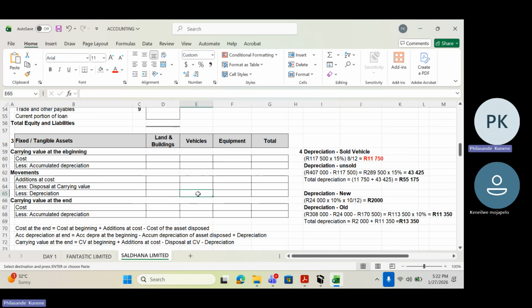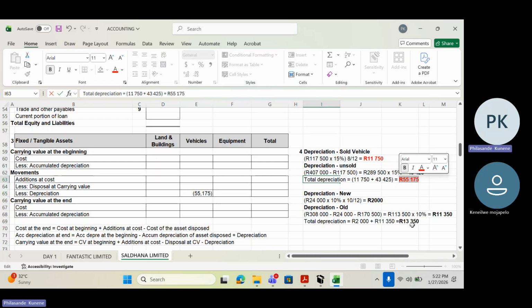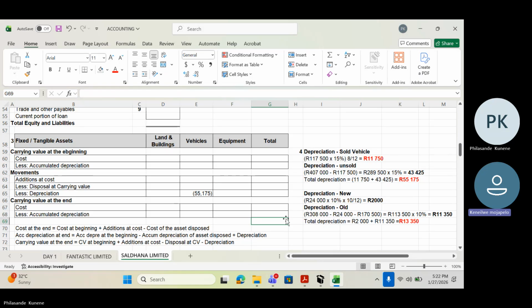Yes, I have a depreciation for vehicles. How much is it? It's 55,175. That is the total depreciation for vehicles. And then the one for equipment, how much do we have? 13,350.